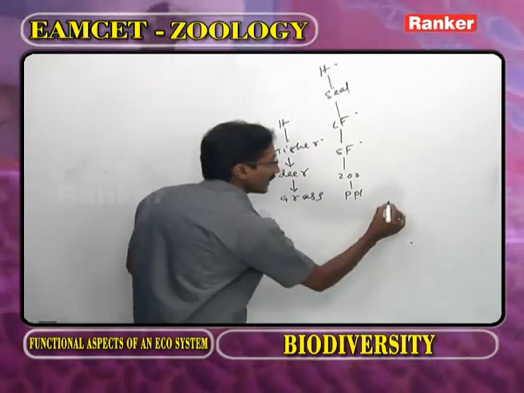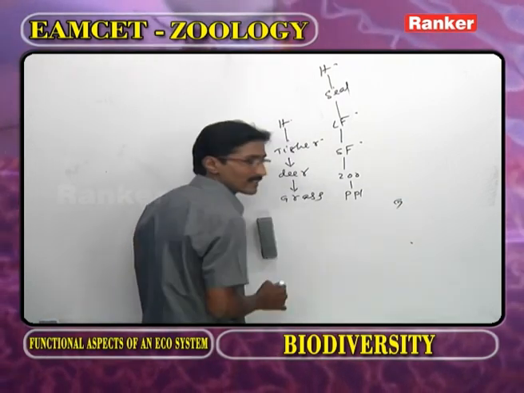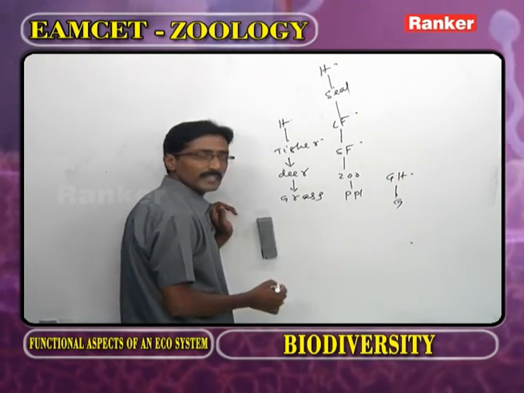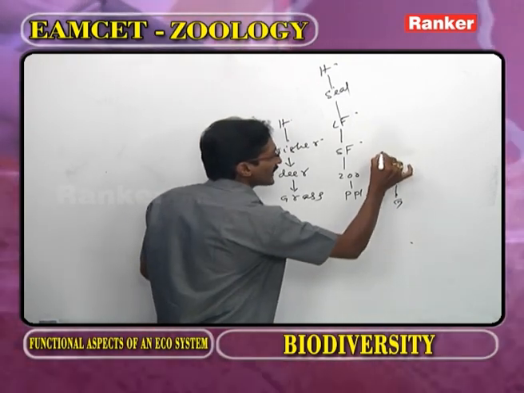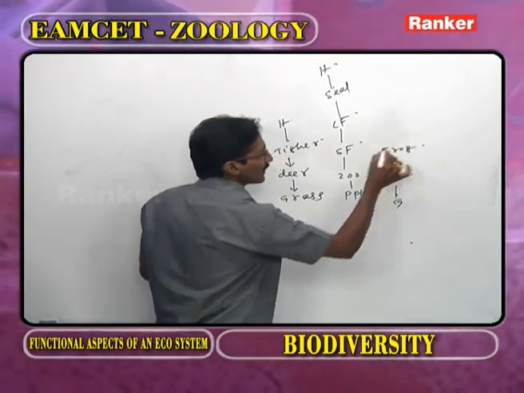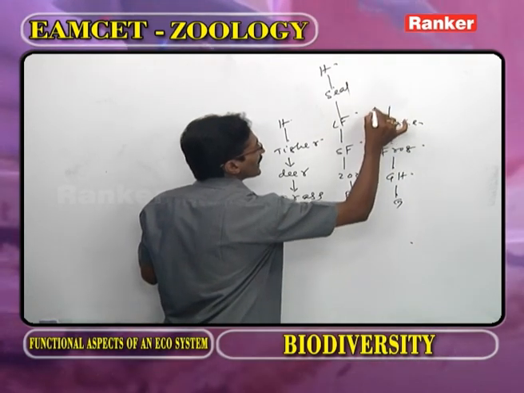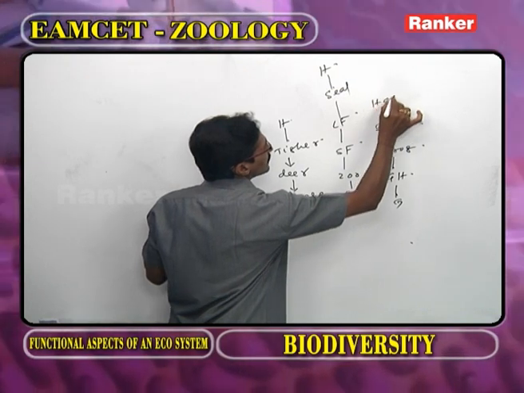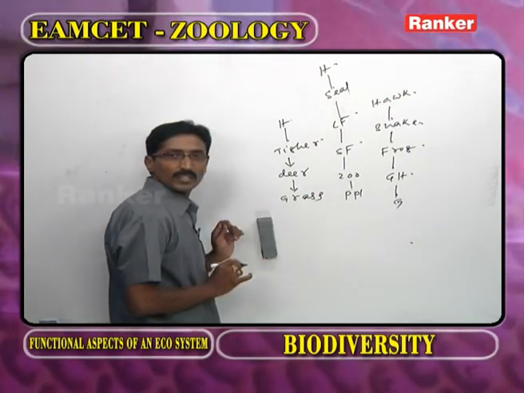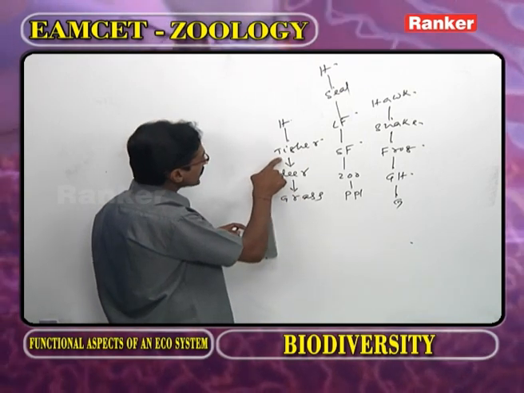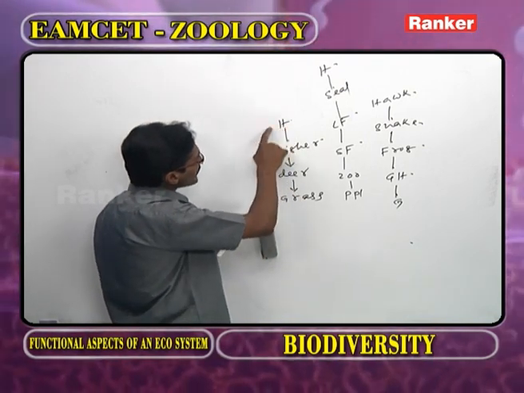In the same way, now this is the grass. The grass is eaten by a grasshopper. The grasshopper is eaten by a frog. The frog is eaten by a snake. The snake is eaten by a hawk. Now as we observe these food chains, in this food chain, what is the climax carnivore?